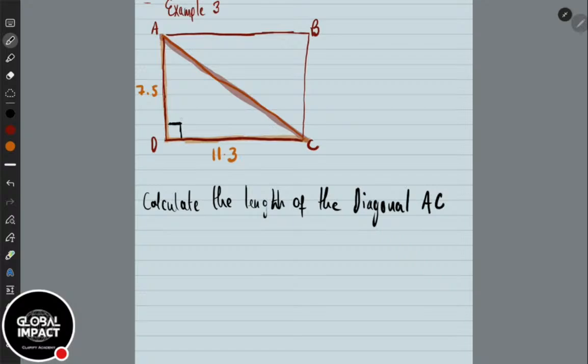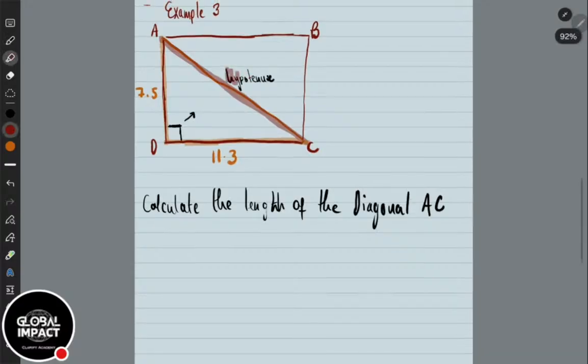Now what we know is that opposite the right angle is the hypotenuse. Don't choose your own hypotenuse, please. Let the triangle choose for you. This is the hypotenuse from the triangle. We don't choose our own. This is the hypotenuse, and we say that hypotenuse is AC.